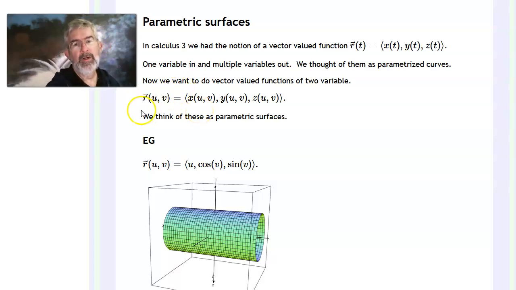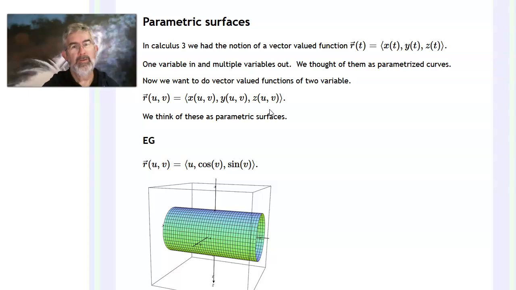So I have r of u and v is x of u and v, comma y of u and v, comma z of u and v. Now, in a sense, we've dealt with things like this already. Vector fields have two variables in and two variables out, or three variables in and three variables out.